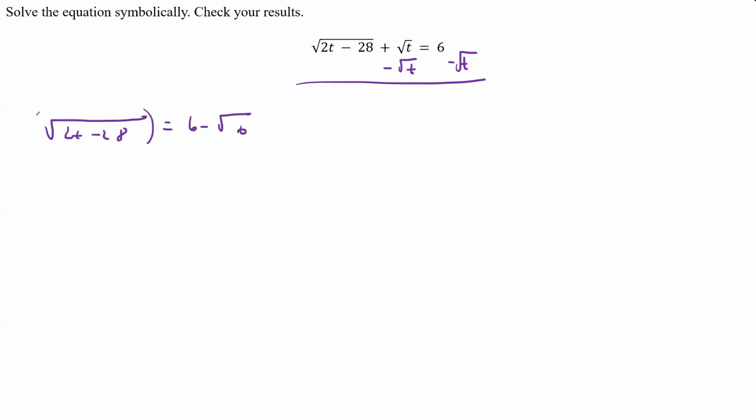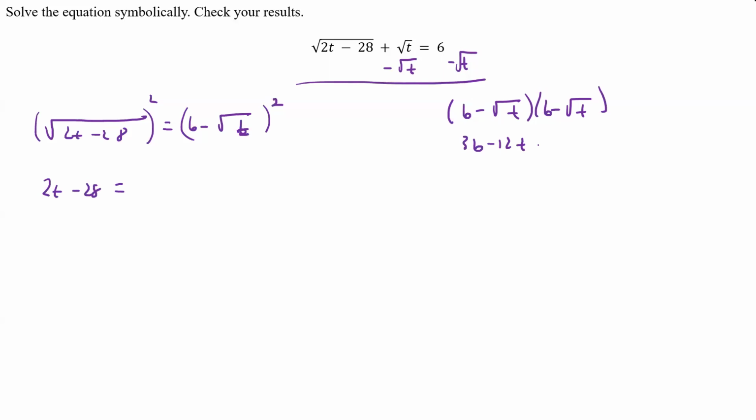So now if we square this side and we square this side, and that's a t, not a 6, this becomes 2t minus 28 equals, well, squaring this is the same thing as taking 6 minus square root of t times 6 minus square root of t. So 6 times 6 is going to give us 36. Then we have minus 6 square root of t, minus 6 square root of t, so that's a minus 12 square root of t.